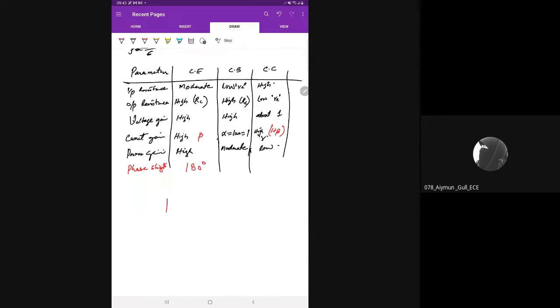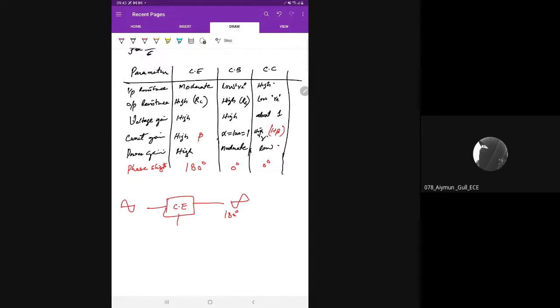That means when you have a common emitter amplifier, if at the input you give an input like this, at the output you will have it out of phase by 180 degrees. And there is no phase shift in common base and no phase shift in common collector configuration.